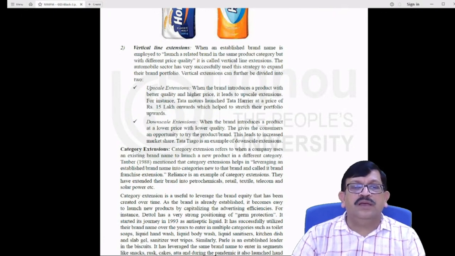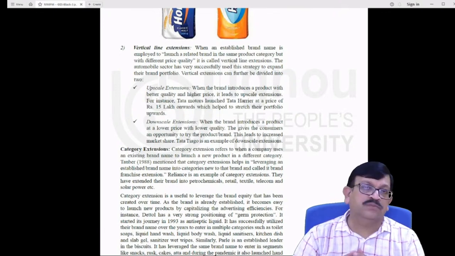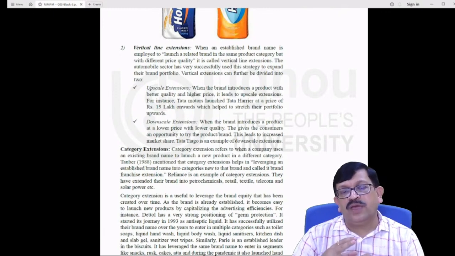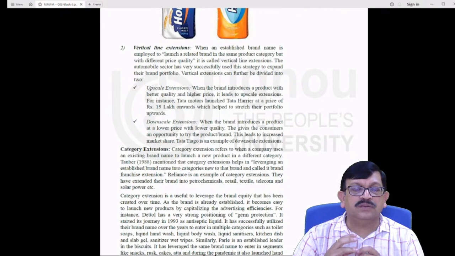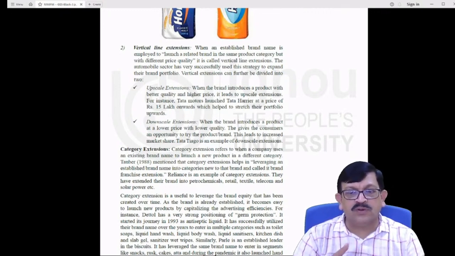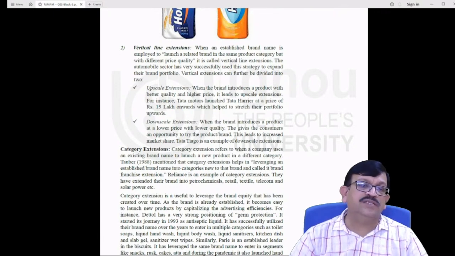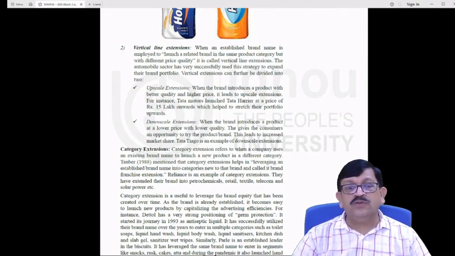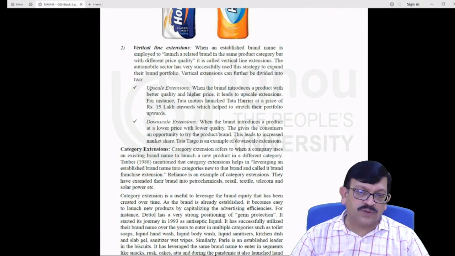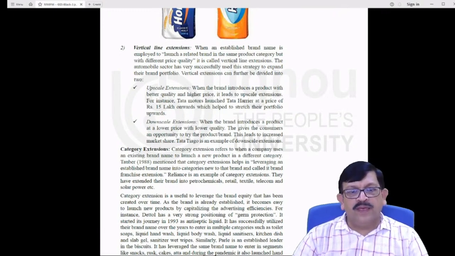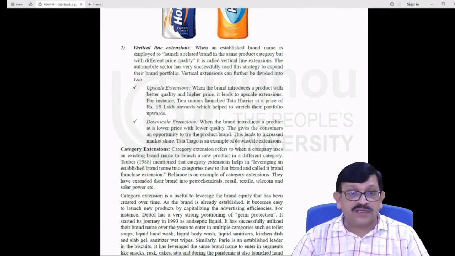But over the years the brand has entered multiple categories: soaps, hand wash, sanitizers, wet wipes, and also kitchen utensils, dish cleaning gels, and also floor cleaners. In some cases it has worked, in some cases it does not work.